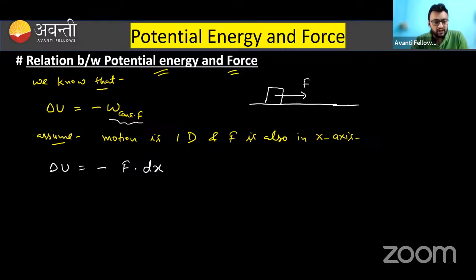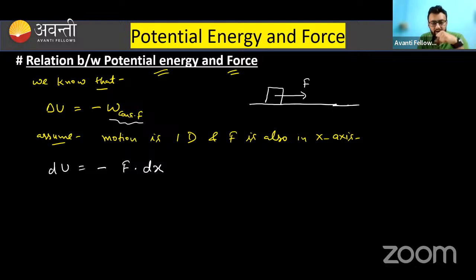That small change in potential energy can be represented as dU. dU is equal to negative of F dot dx. This is a very good relation.